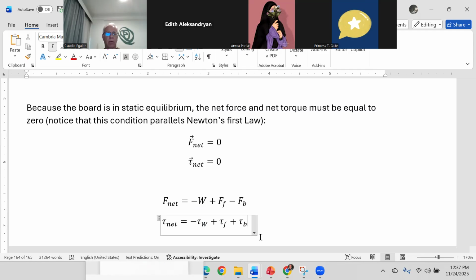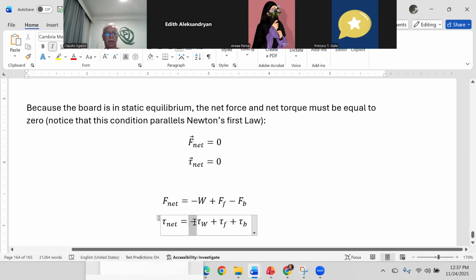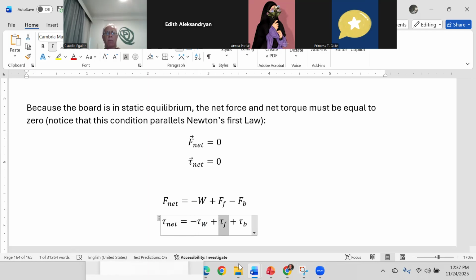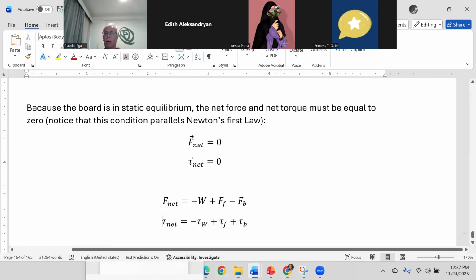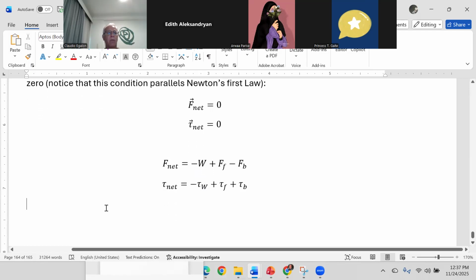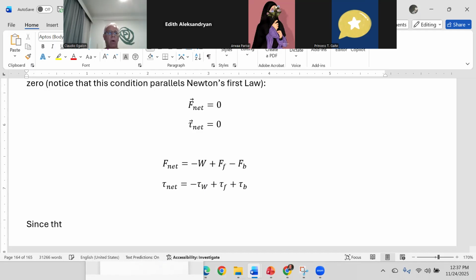The torque of the boat is going to be positive because it has to cancel. This torque here is going to be 0. Why is that? Because the point of rotation is the fulcrum. Since the point of rotation of the board is on the fulcrum, its torque must be 0.